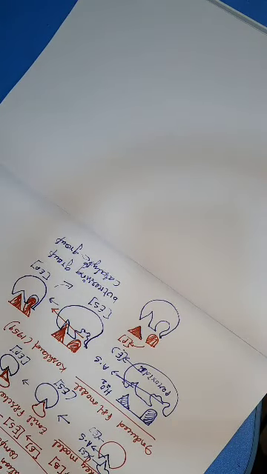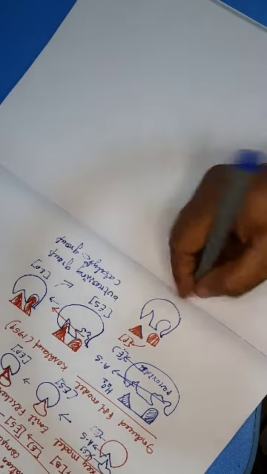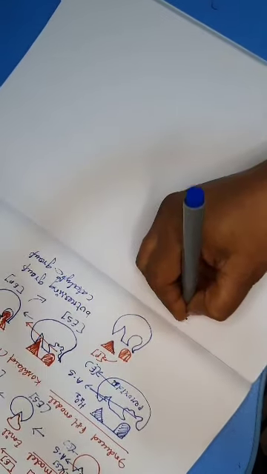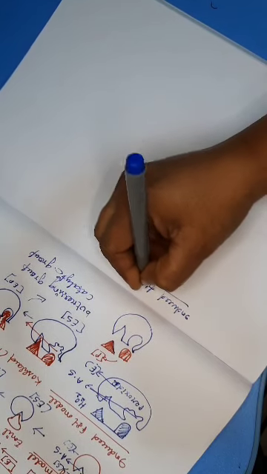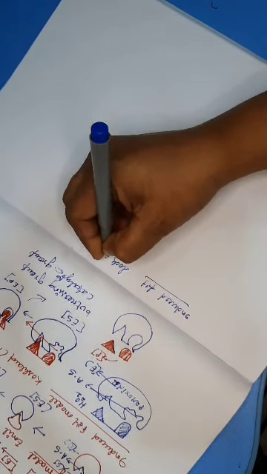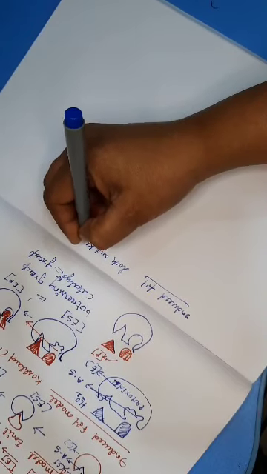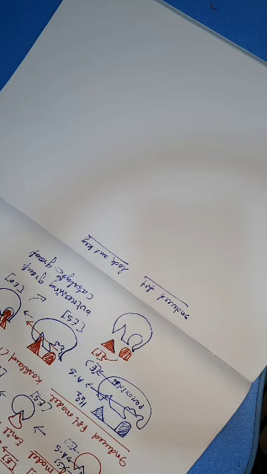So now let us compare the lock and key and the induced fit models, which explain the formation of the enzyme substrate complex and eventually the enzyme product.